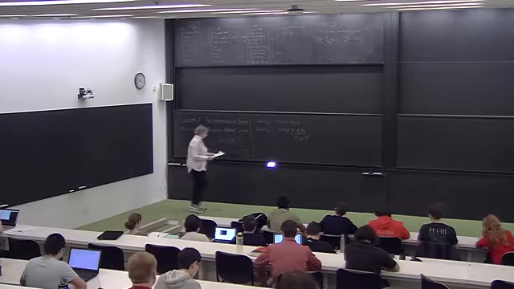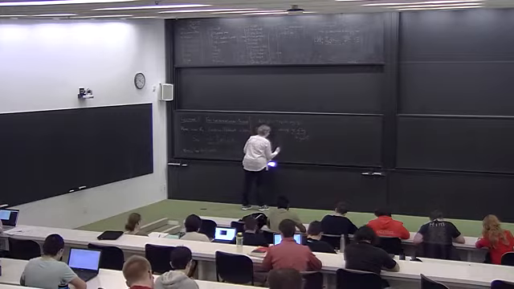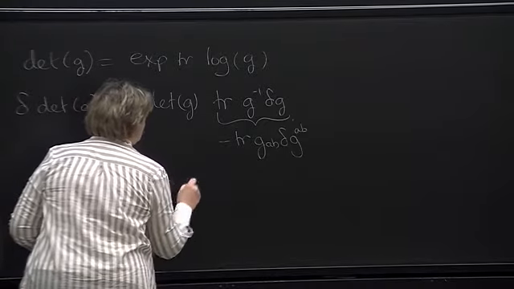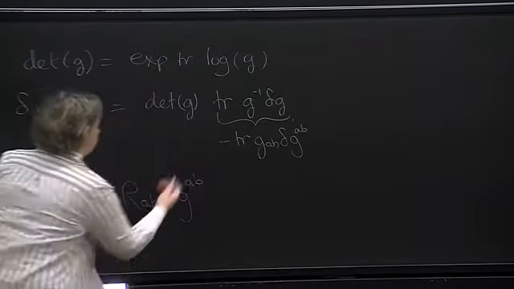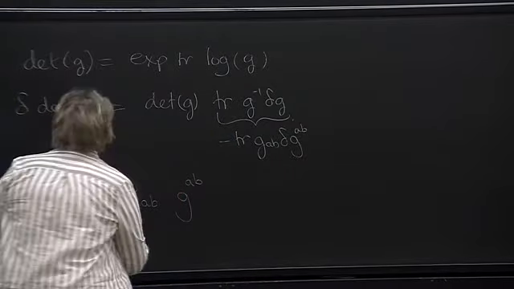Then, for varying R, that is what R is, just the trace of the Ricci tensor.